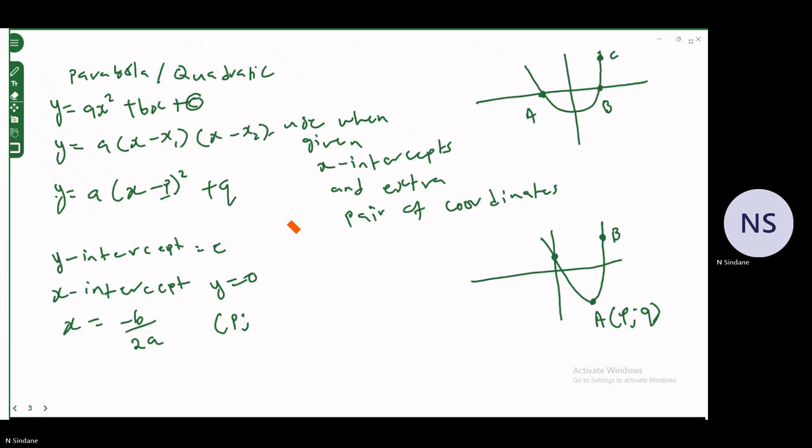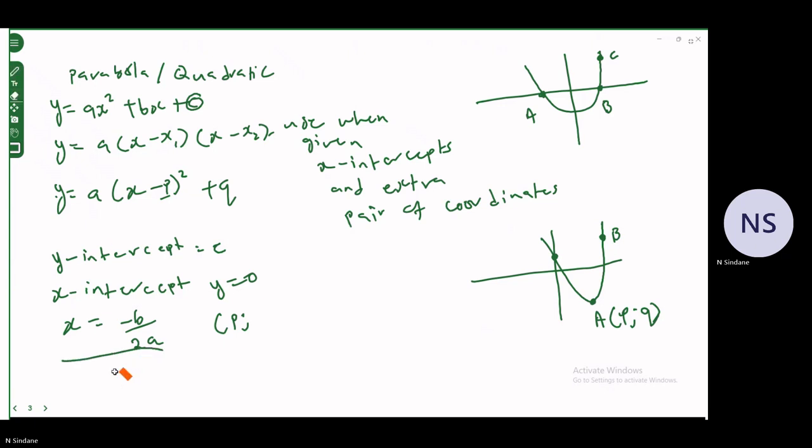Now, I was saying, for you to calculate q, which is the y coordinate of the turning point, you'll substitute the value of p in your original equation. And how to calculate p? You calculate it using this formula.